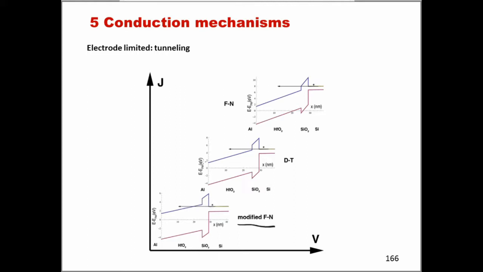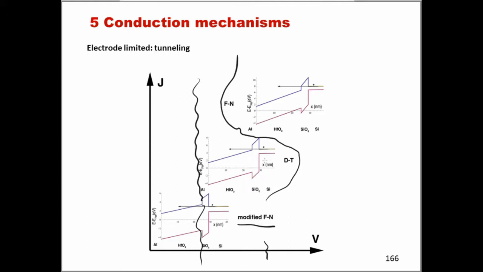So for voltages up to these values. Then if I increase further the voltage, so let's say up to these values, I should expect direct tunneling.